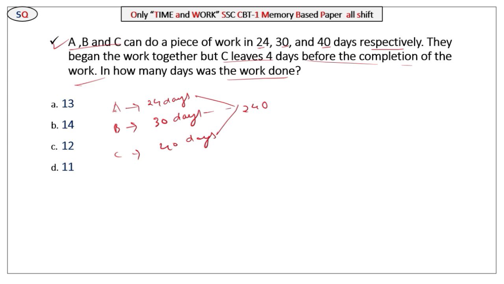Now we have to find how many units of work can be done by A in 1 day. A can do 10 units per day. B can do 8 units per day.